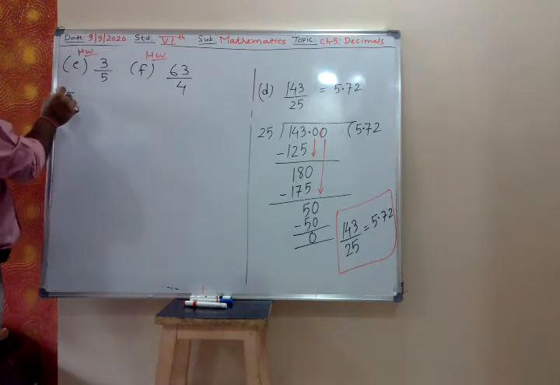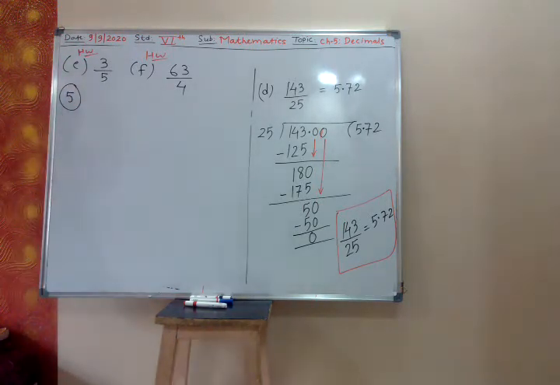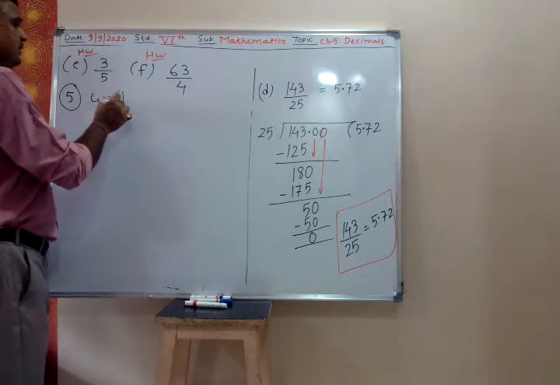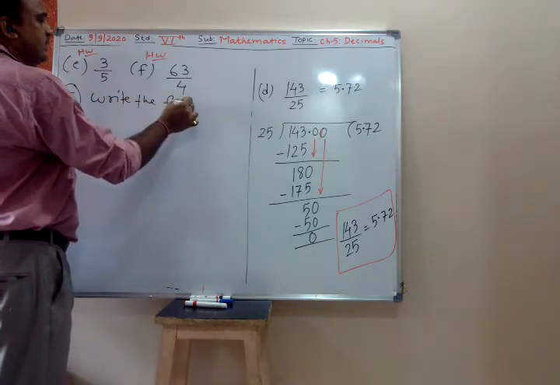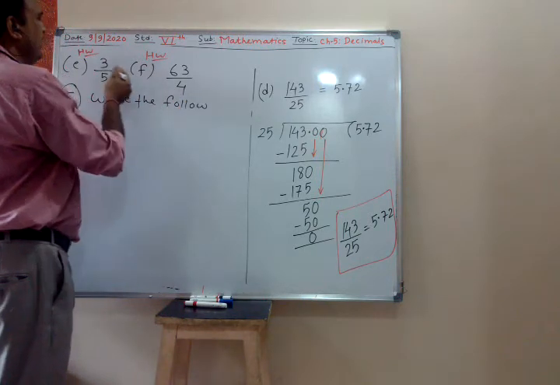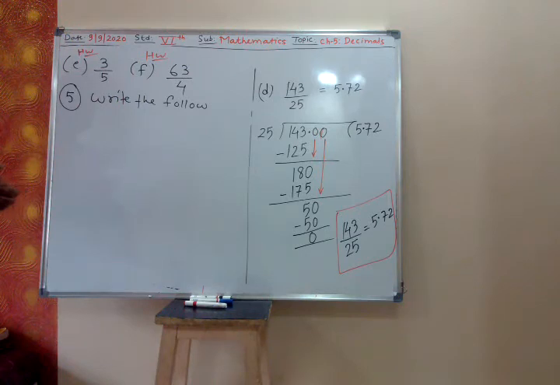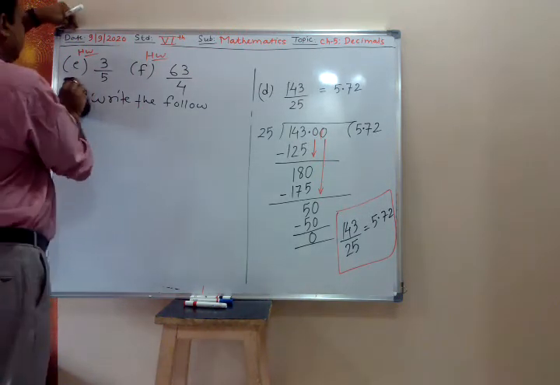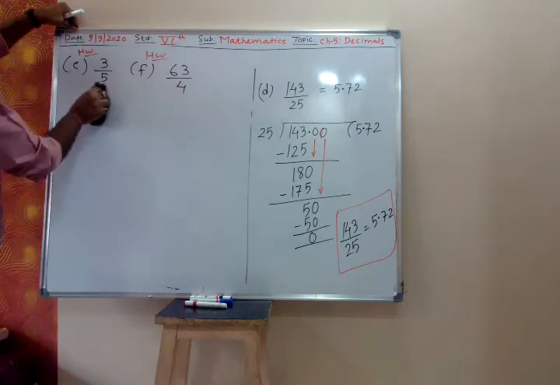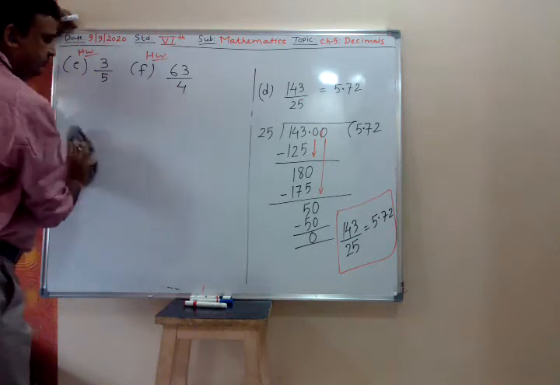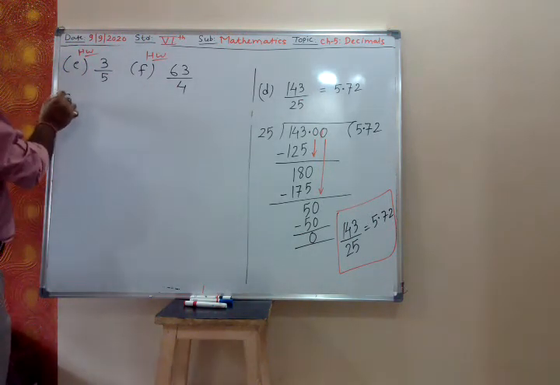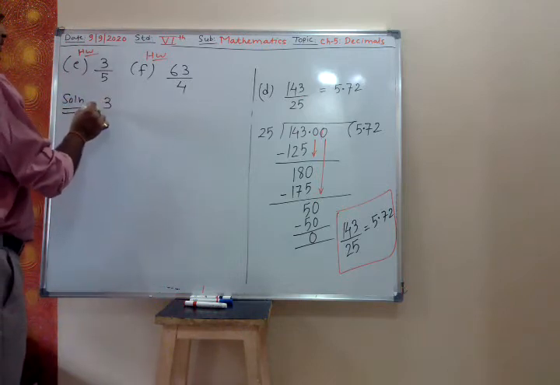Now let us do the 5th one. Write the following as a decimal fraction. So let us solve 3 upon 5.